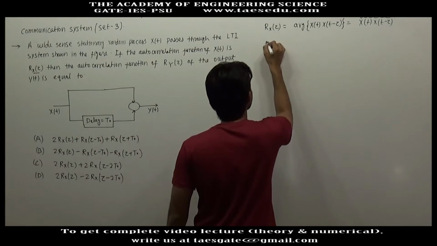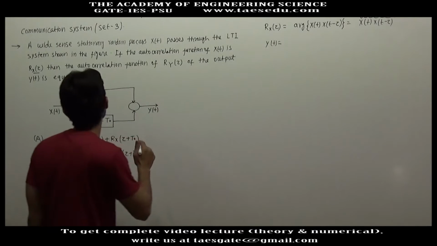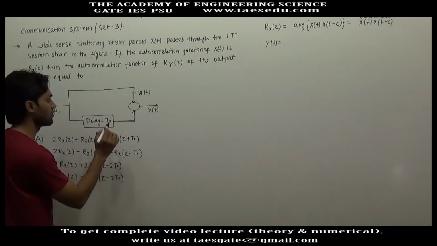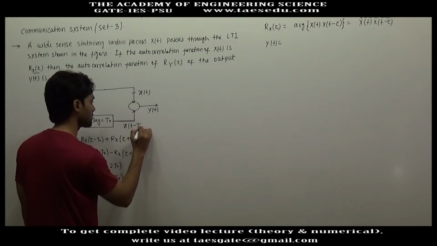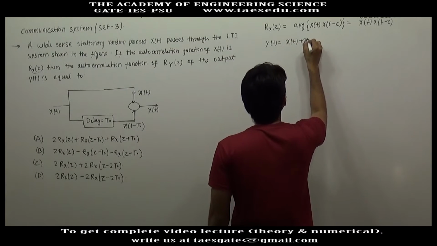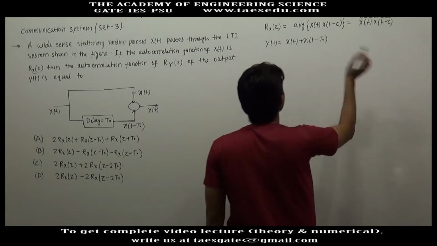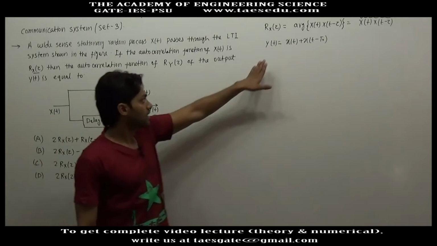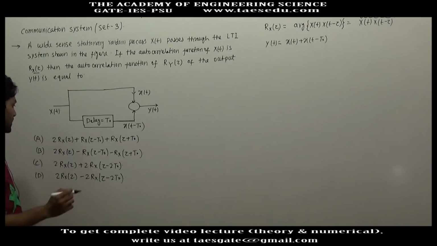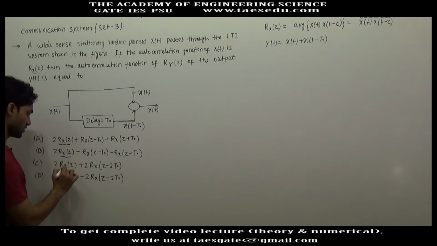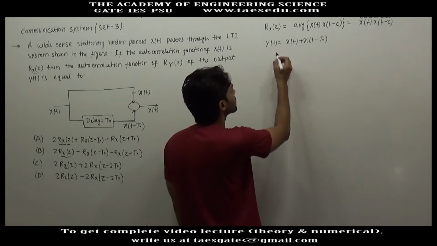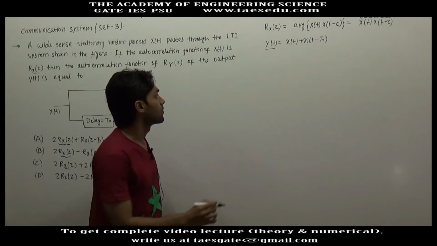Yt will be, here we have xt and here we have xt, but with a delay of t naught. So here the signal will be xt minus t naught. So yt will be xt plus xt minus t naught. So autocorrelation function of xt is given and yt is represented in terms of xt. So we have to find out the autocorrelation function of yt in terms of the autocorrelation function of xt and the delay t naught.